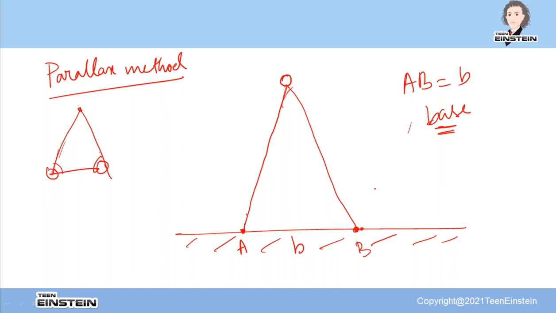This is called the angular separation between these two points, or I can say this is the angle between the directions through which you have seen the planet from two positions on the earth.